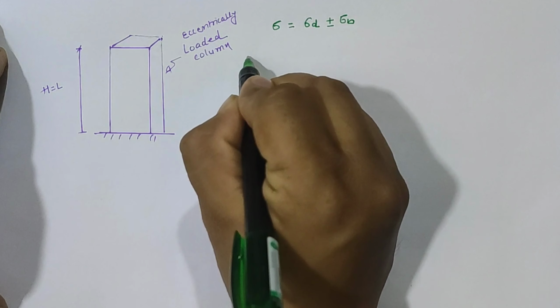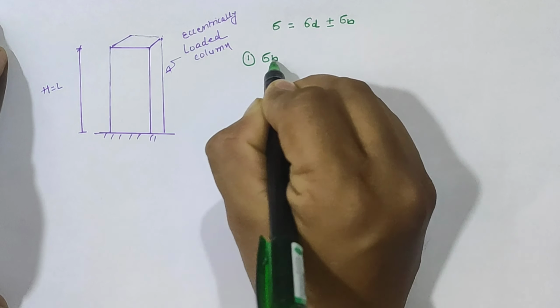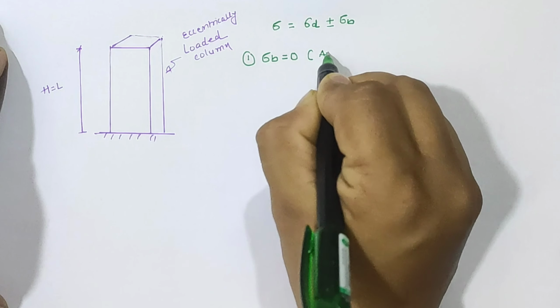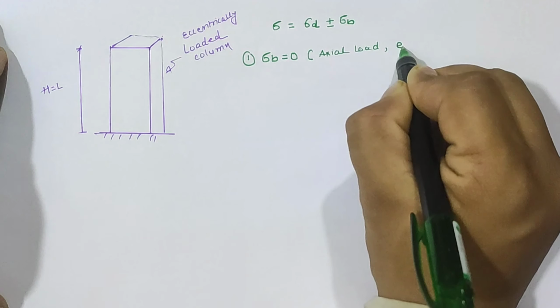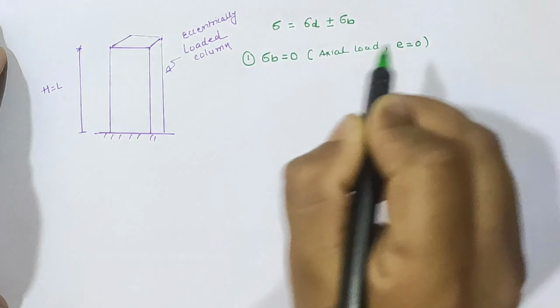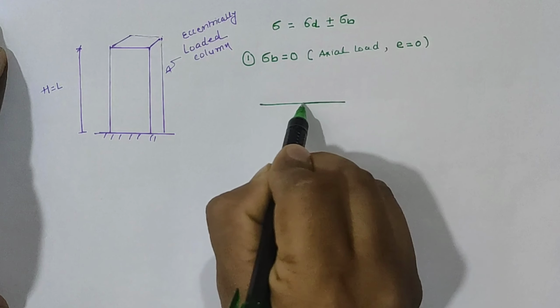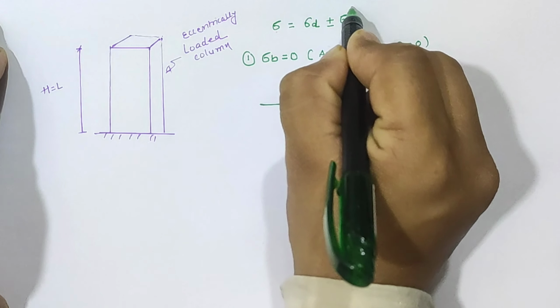Now let us assume the first case, where the bending stress is equal to 0. It means that the axial load is given, or we can say that the eccentricity is equal to 0. In this case, for maximum and minimum, sigma B is 0.